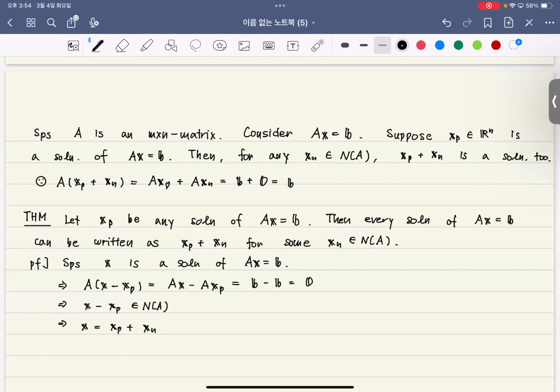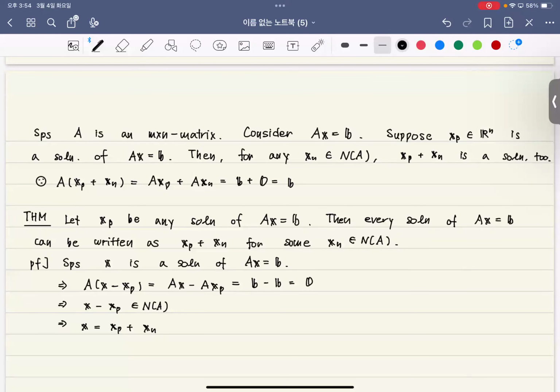So just by looking at these two observations, we can conclude that in order to find every solution of Ax equals b, we have to find any solution. And once we find any solution, then we need to understand the structure, the shape, or the geometry of the null space.